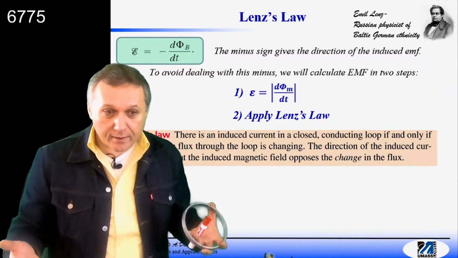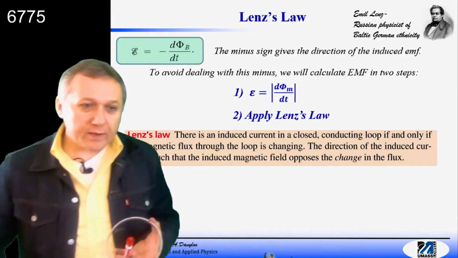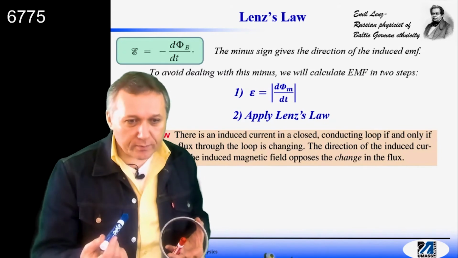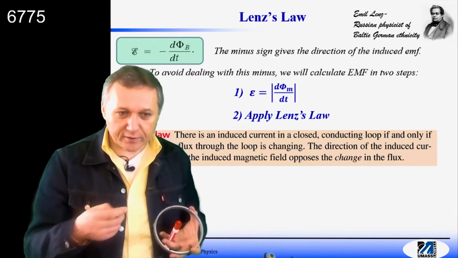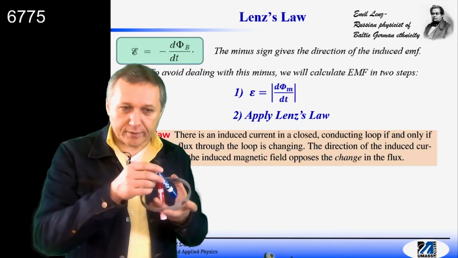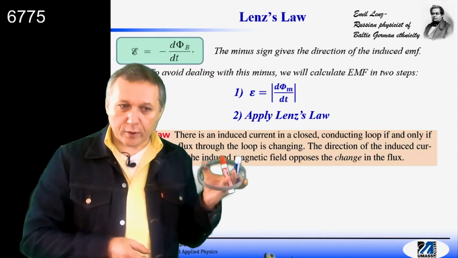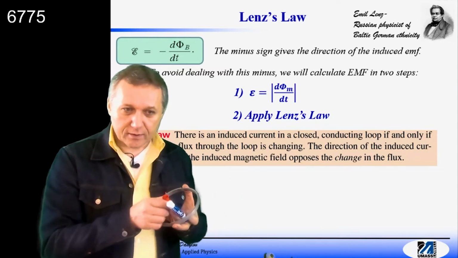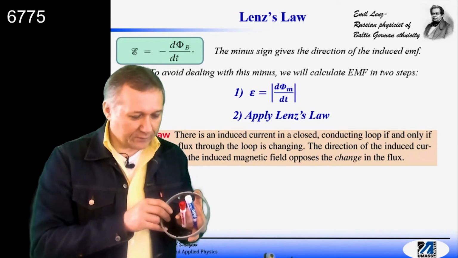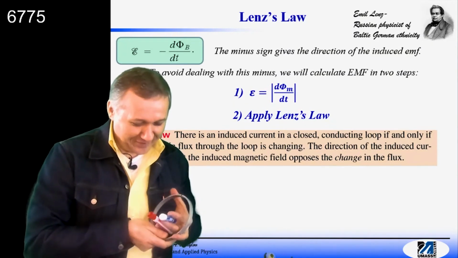Of course, any current is going to produce a magnetic field. And that will be our additional magnetic field, secondary or induced magnetic field, because this magnetic field is produced by the induced current. So there will be the third player, the induced magnetic field. So we're going to have three players. The external magnetic field, which produces all this mess. Okay, I feel like I need more hands for demonstrations. Not enough.